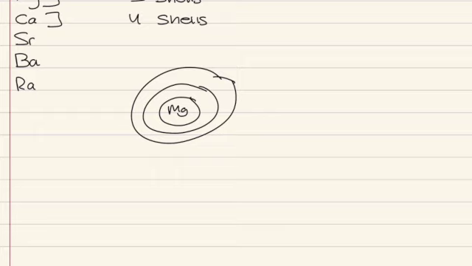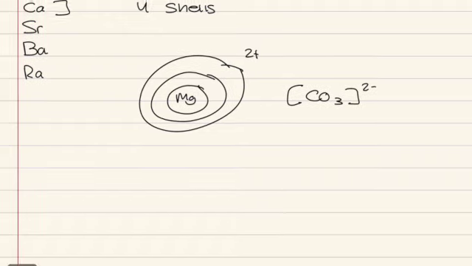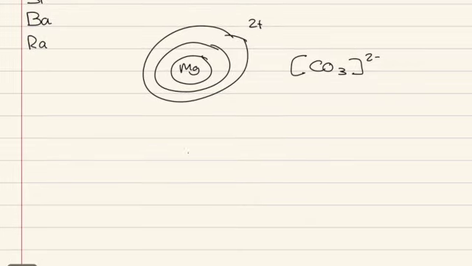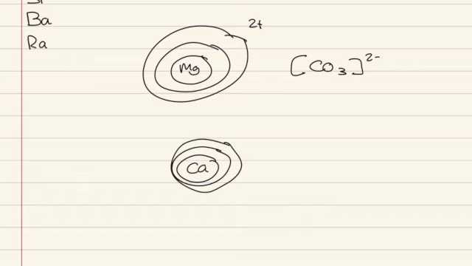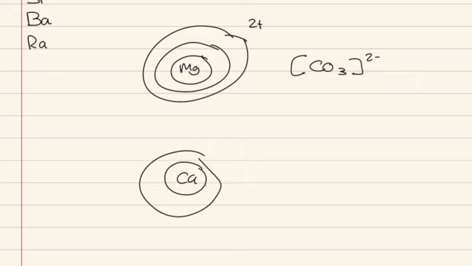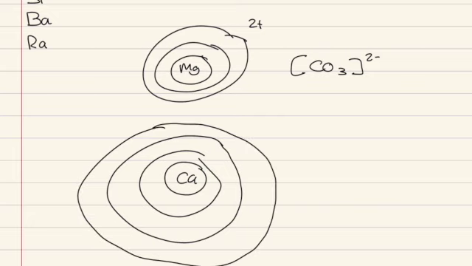So we know this will have a charge of 2+, and this will be ionically bonded to a carbonate with a charge of 2-. So in calcium, this will look pretty similar, except that we have 1, 2, 3. Sorry, this is a pretty bad drawing. 1, 2, 3, and then 4 shells, and then also attracted to our carbonate ion.